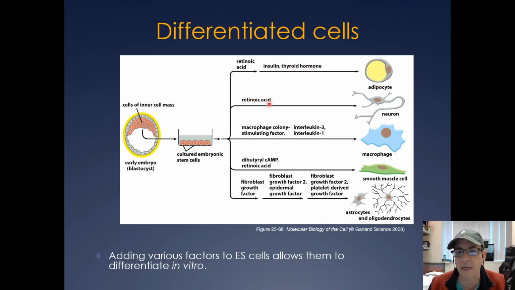Or if you just add retinoic acid, it can differentiate into a neuron. Macrophages will require macrophage colony stimulating factor and IL-3 and IL-1, and you can add other things and convert them into smooth muscle cells, or oligodendrocytes or astrocytes.